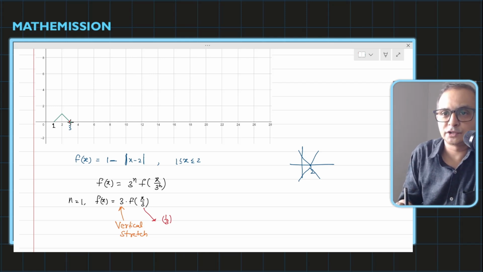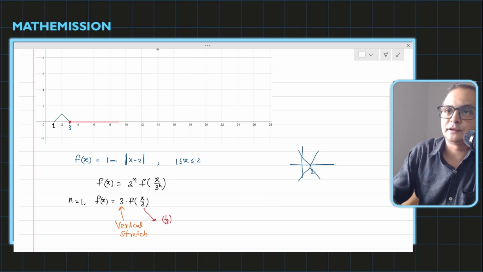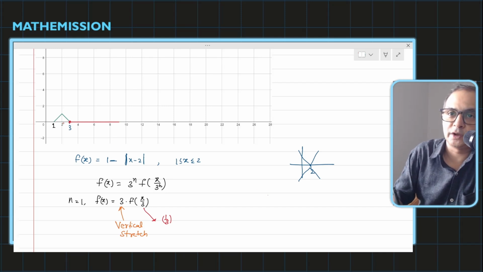If you take the horizontal stretch 3 units, it will go up to 9, and the vertical stretch of 3 units means the same graph I have to draw, but keep in mind how high it goes vertically. At 2 it was 1, so exactly in the middle of 3 and 9, that is 6, it will go to 3. Yes or no?